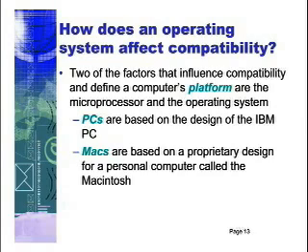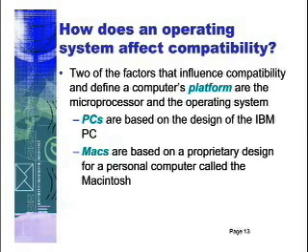Two of the most important factors that influence compatibility and define a computer's platform are the microprocessor and the operating system. Today, two of the most popular personal computer platforms are PCs and Macs. PCs are based on the design for one of the first personal computer superstars, the IBM PC. The great-grandchildren of the IBM PC are on computer store shelves today. A huge selection of personal computer brands and models are manufactured by companies such as IBM, Hewlett-Packard, Toshiba, Dell, and Gateway.